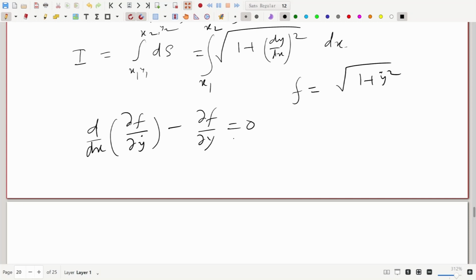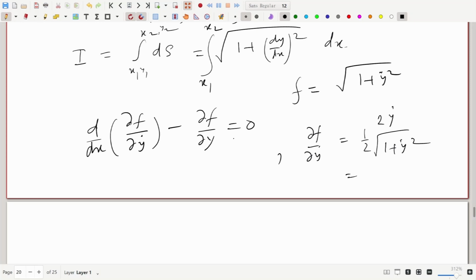Okay, so now let us calculate this simple thing. del f del y dot is basically half times 1 over root of 1 plus y dot squared times 2 y dot.